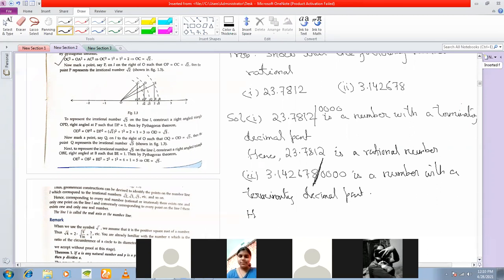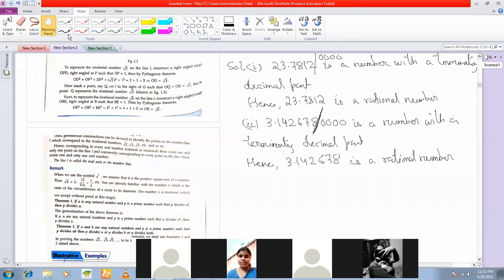Hence 3.142678 is a rational number. Okay, that is how you check.